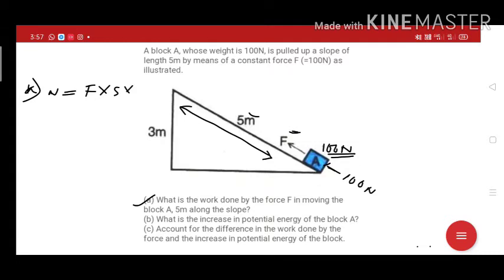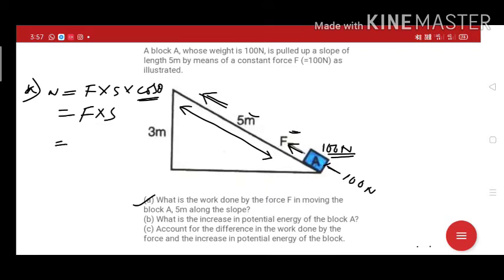We can see here the direction of the movement of the body and the direction of the force are in the same straight line. So we can neglect the value of cos theta, and just multiply the value of S and the value of F.